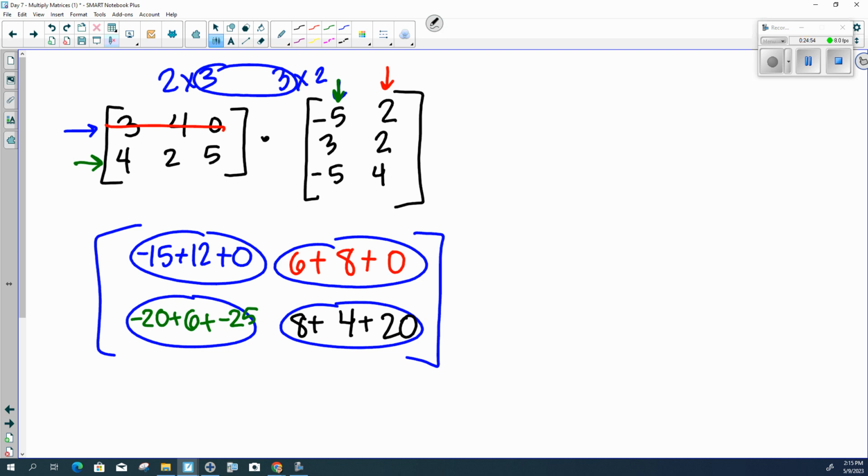And then you're adding. Whew, that's a big number. Negative 4. Did I even do that right? I did this one earlier.